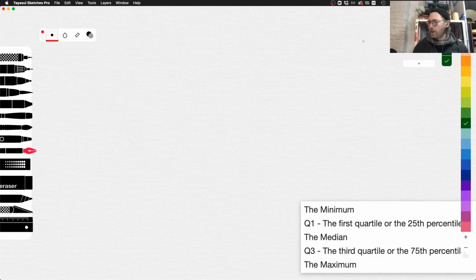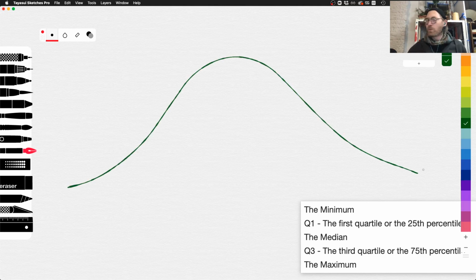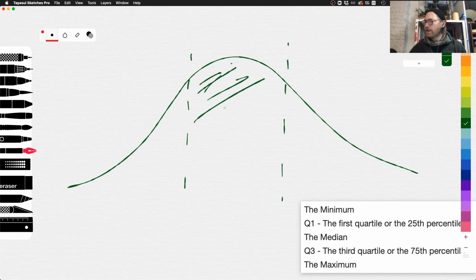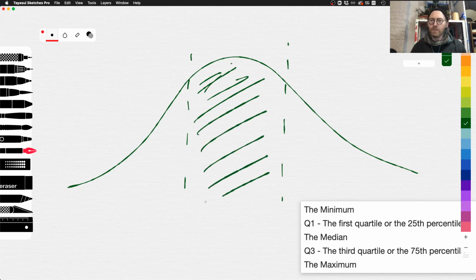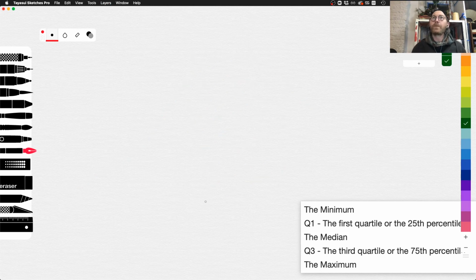So in a similar way, not the same, when we're considering a normal distribution, we're often trying to figure out where the bulk of our data is, right? And it's usually in the middle. So IQR kind of has a similar feel to the middle of the normal distribution, you could say.